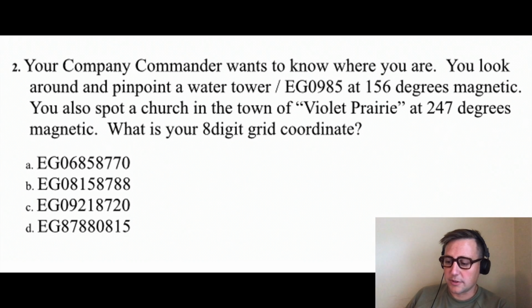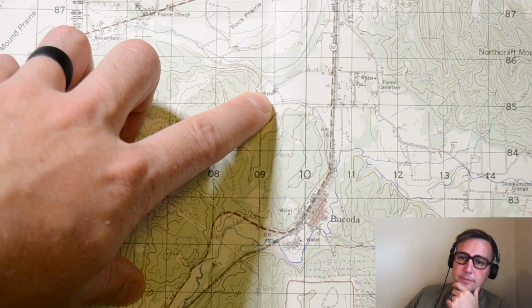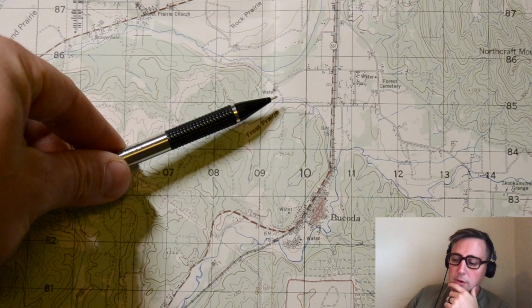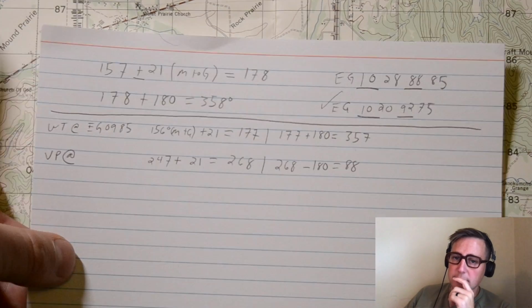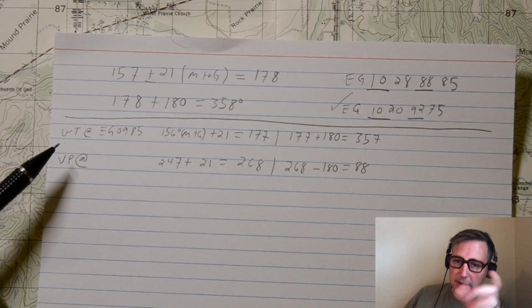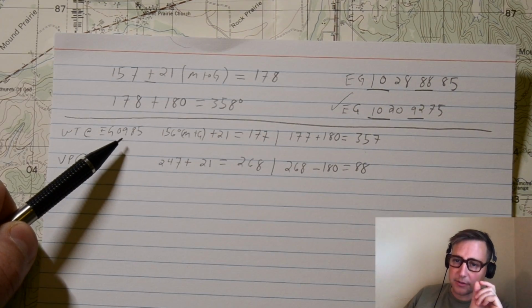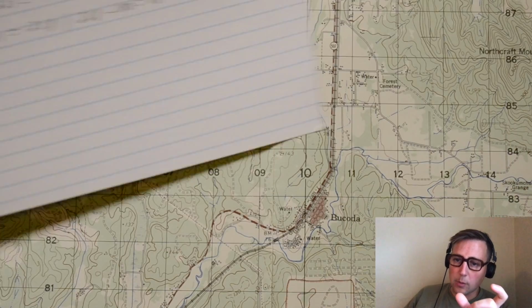All right, next one. This is going to be intersection. Now you're looking at 2 specific grids to triangulate your location, if you will. And you will see some similarities in the math you have to do. So you know the water tower in that vicinity, that grid square. First thing you're going to do is look for that water tower.